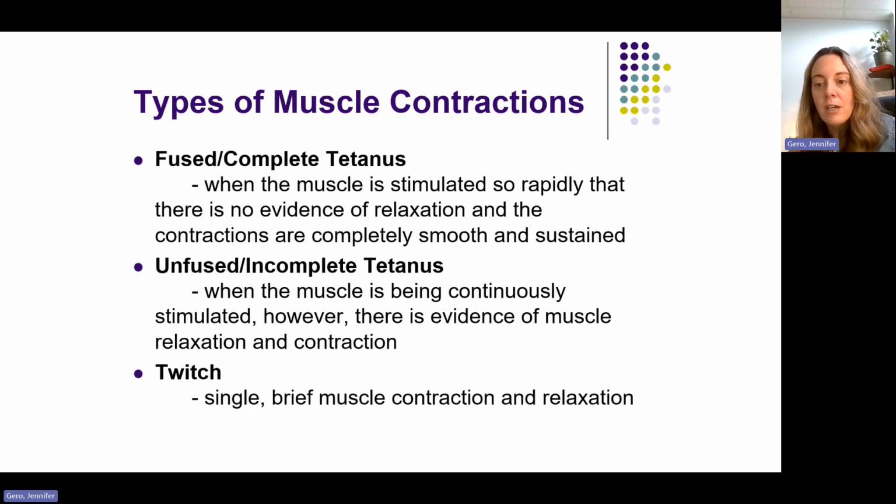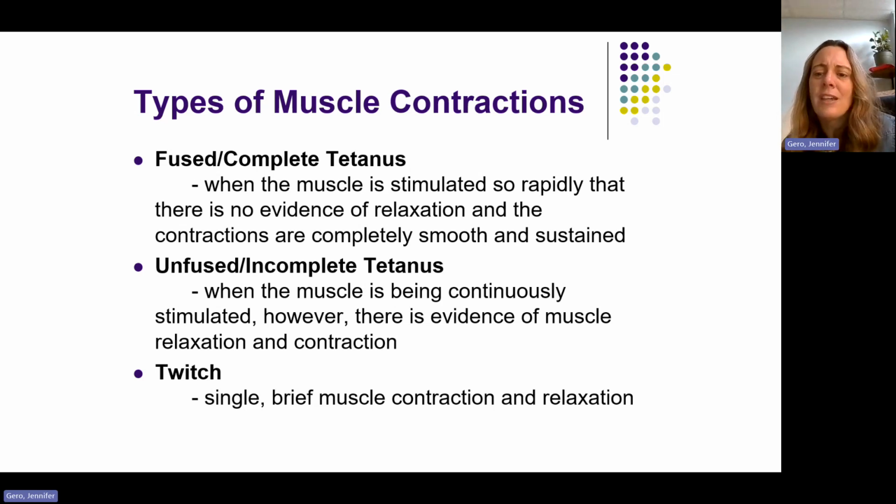So with unfused or incomplete tetanus, a stimulus comes, depolarization occurs, the muscle is starting to contract, repolarization is occurring, the muscle starts to relax, but another nerve stimulus comes, and we get a stronger contraction. Starts to relax, stronger contraction. And we call this increase in intensity wave summation.